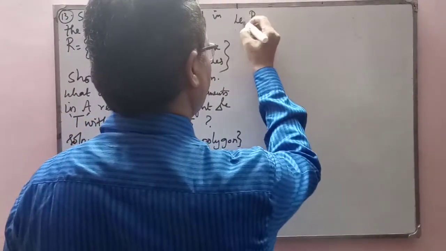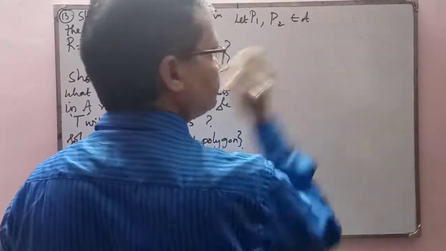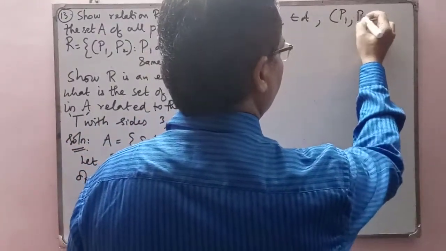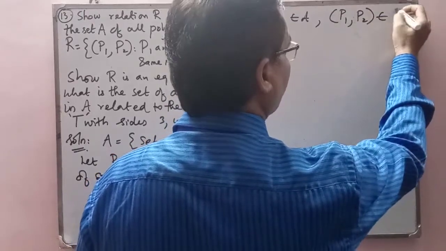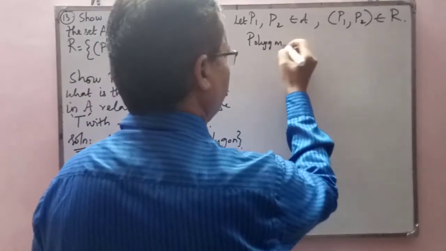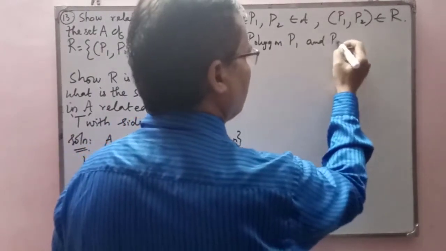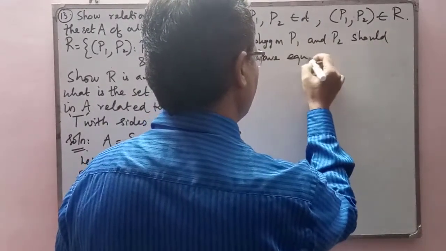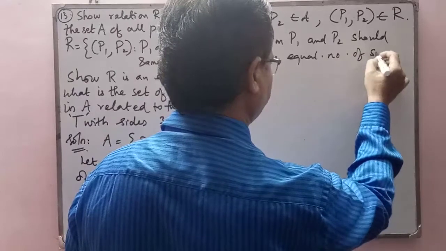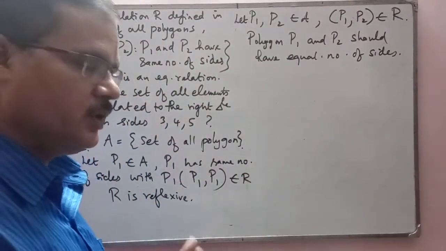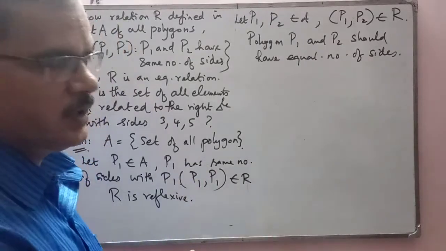Now the second part. Let us take two polygons. Let P1, P2 belong to A. Children, you have to choose in such a way that (P1, P2) should be in R. That is, the polygons P1 and P2 should have an equal number of sides. Say for example, you take a square as P1 and a rectangle as P2. They are the same because a square has 4 sides, and a rectangle also has 4 sides.